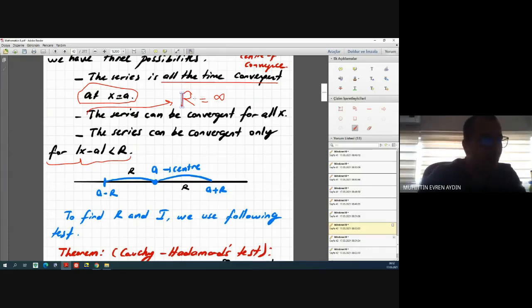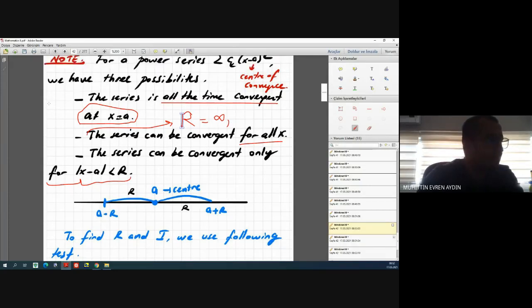If you find R equals infinity, your power series is convergent for all x. The other possibility happens provided R equals 0. If you find R equals 0, your power series is convergent only at its center.